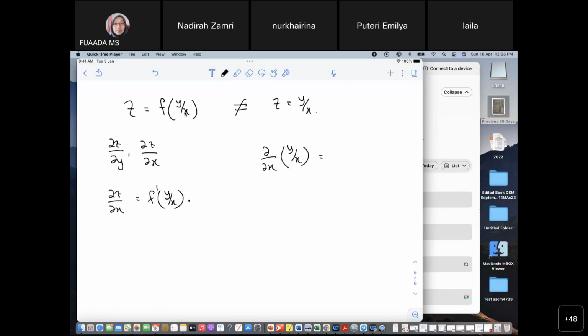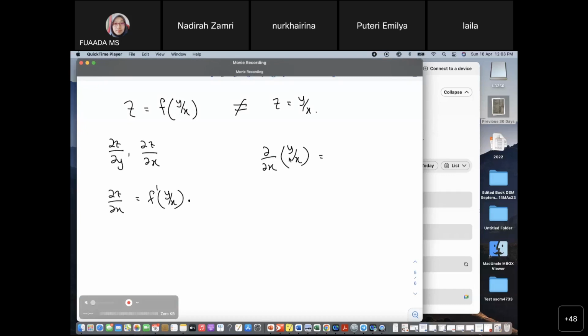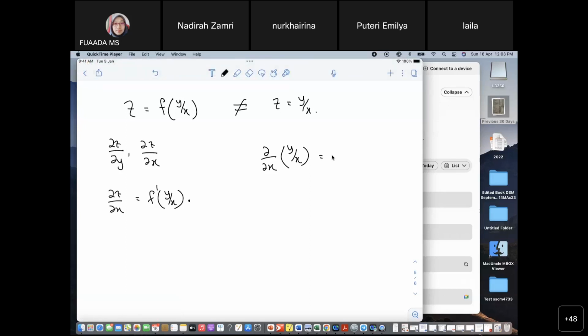So what is the result? What is the derivative of this with respect to x where y is constant? What is the answer? 1. Anyone want to try? The x is at the bottom of y over x. If x were on top, then you could say 1, x becomes 1, y fixed. Negative 1.